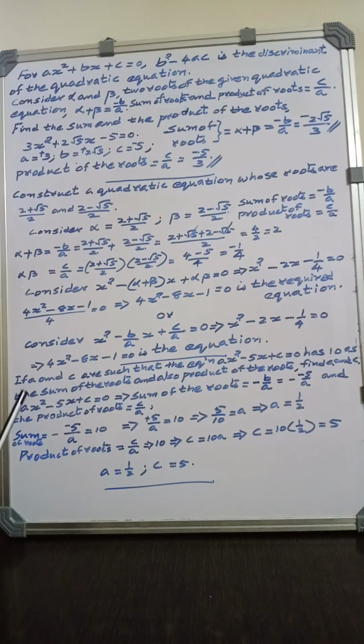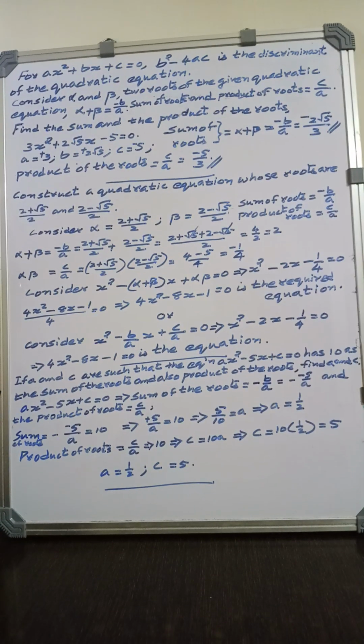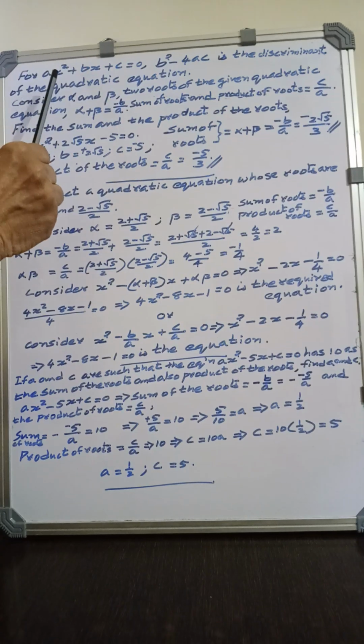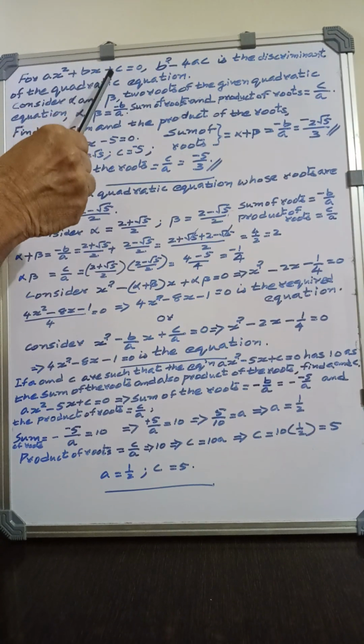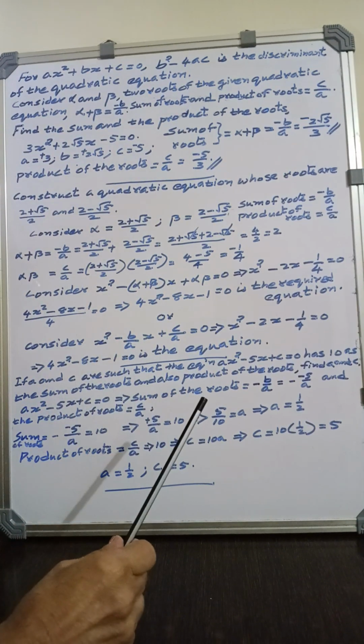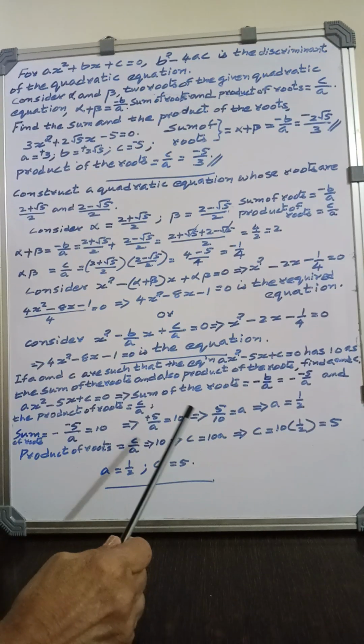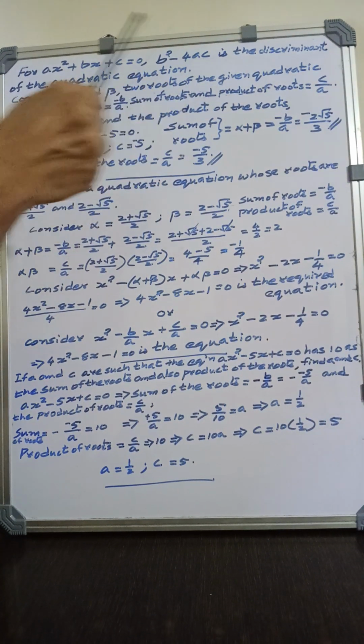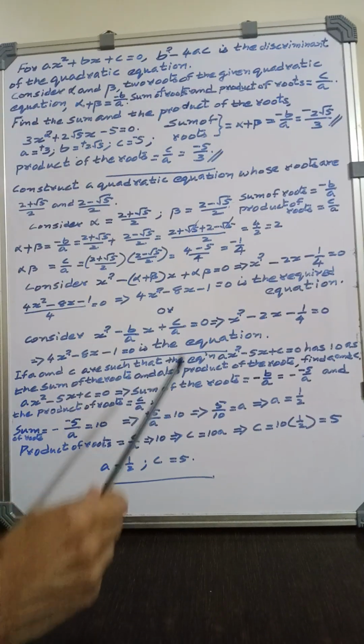Here I am giving a concept for ax² + bx + c = 0, the quadratic equation. b² − 4ac is the discriminant of the quadratic equation.